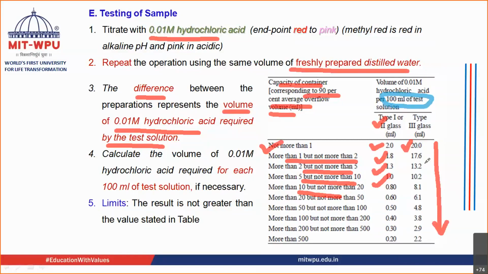You can see over here the table, right? So what you're going to do is calculate the volume of 0.01 molar hydrochloric acid required for each 100 ml test solution, and then compare it with the limits. Whatever results you get should not be greater than what are mentioned over here.